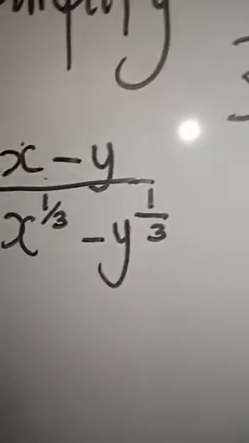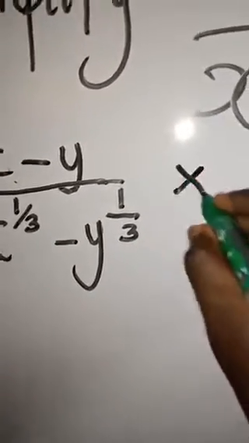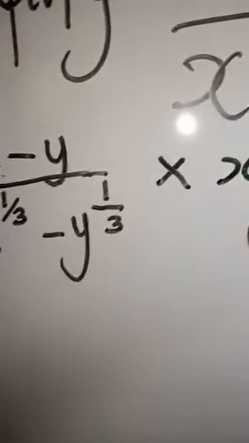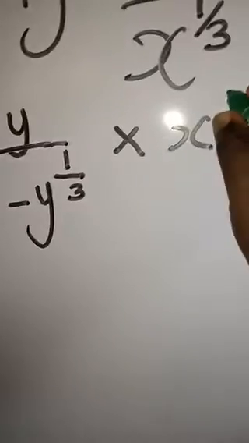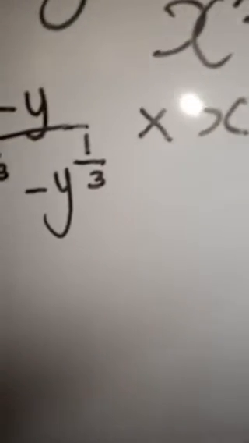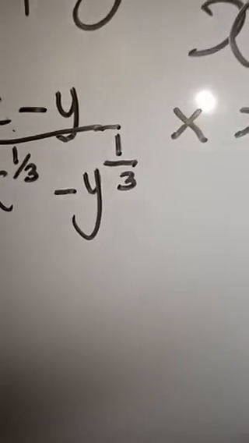Now let's continue. So we are multiplying both numerator and denominator by the conjugate. So the conjugate of x raised to power 1 over 3 minus y raised to power 1 over 3 is x raised to power 1 over 3 plus y raised to power 1 over 3.